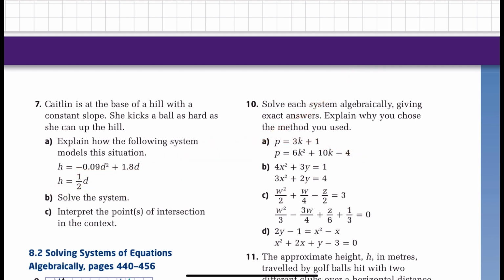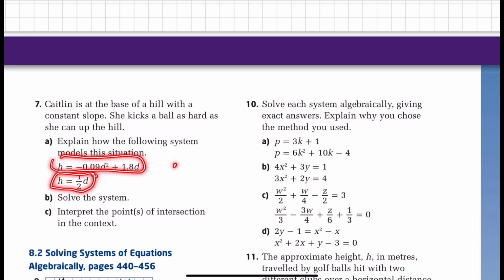Solve the system. There are two ways: either you graph it or you do it algebraically. For the first part of the question, you just graph them in your calculator and find the intersection of this parabola with this line.